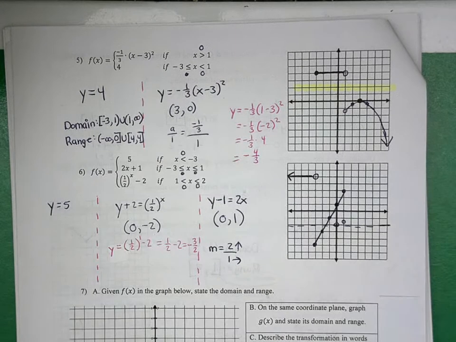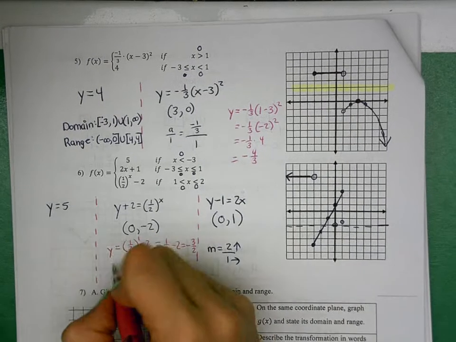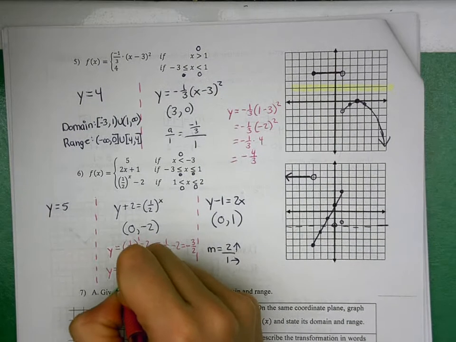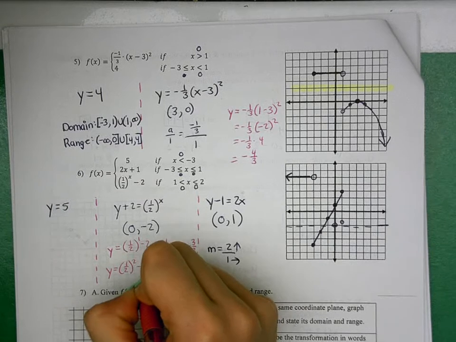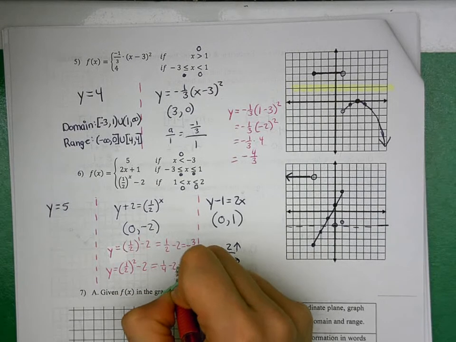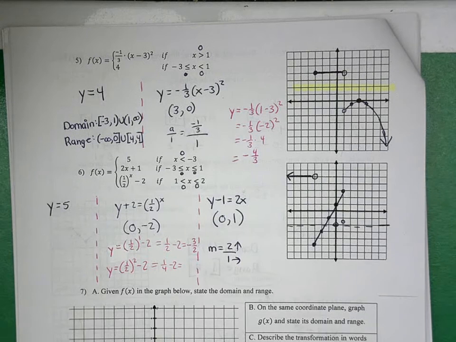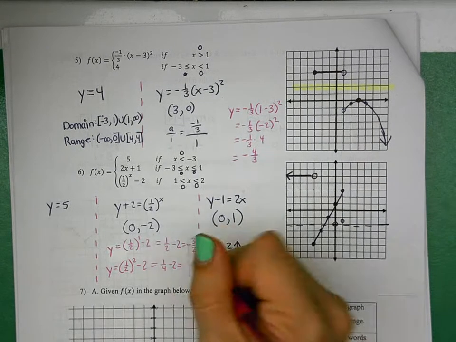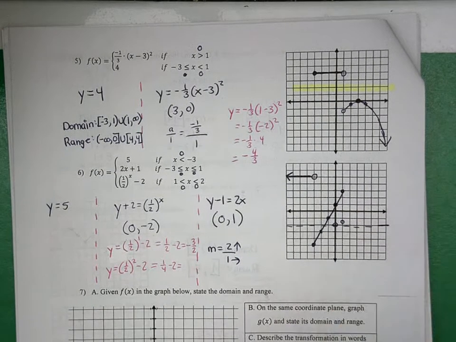Okay. And then I'm going to go ahead and plug in 2, so we have y equals 1/2 to the 2 minus 2, which is 1/4 minus 2, or for those who prefer decimals, negative 1.75. For those who prefer fractions, we're looking at negative 7/4.